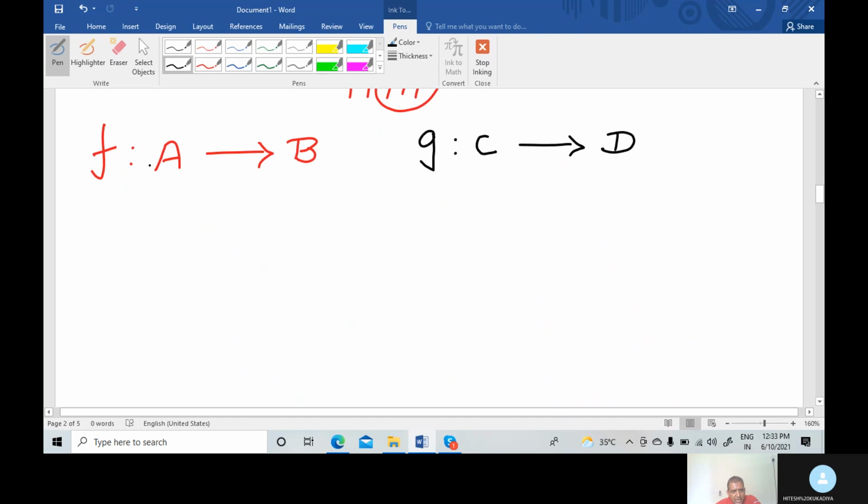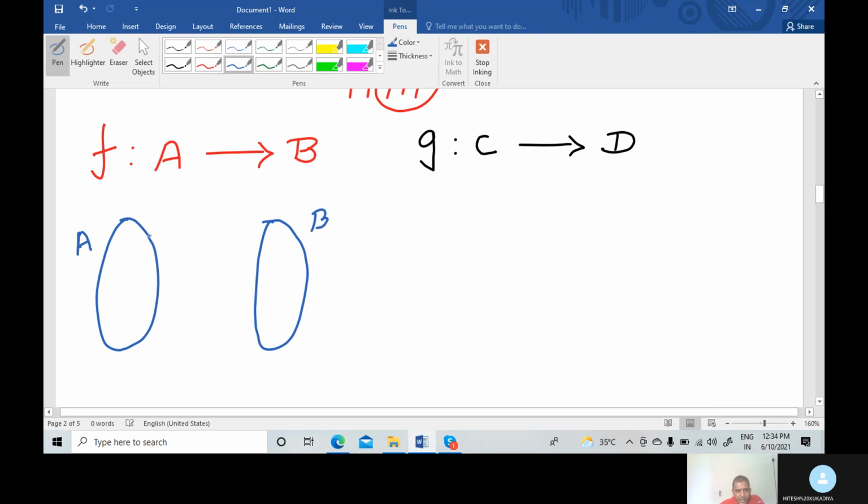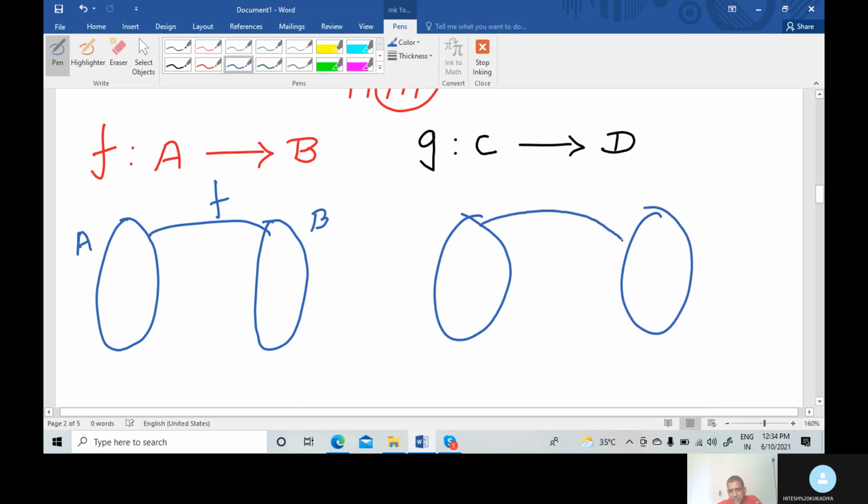So function f has domain A and codomain B, function g has domain C and codomain D. Now we draw the Venn diagram for both functions. First function f, with its domain, codomain, and function f. Now we draw function g here, with domain C and codomain D.